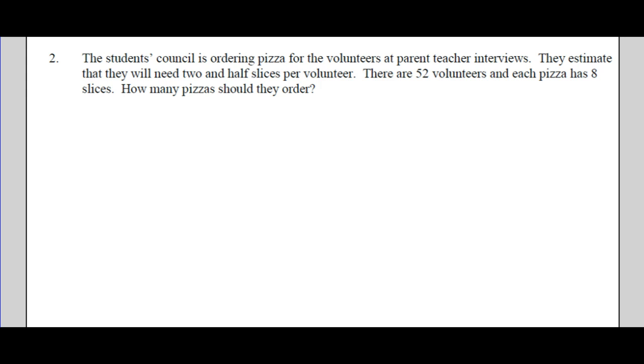Okay, what do we do? What's the first thing you've got to figure out? 52 times 2.5. We need to know how many slices we need, right? So what is that? 130, right?